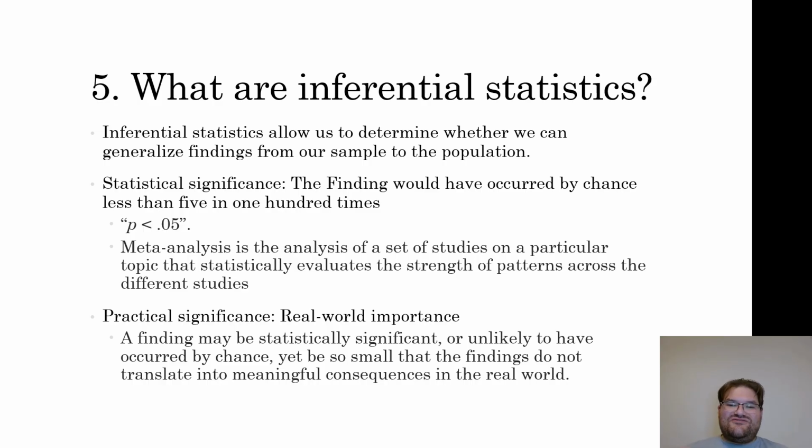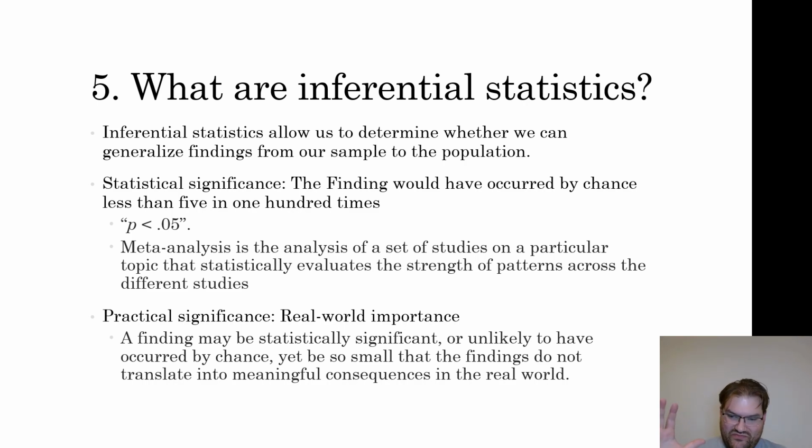What statistical significance means is that the findings that we found would have occurred by chance less than 5 in 100 times if we use an alpha of 0.05, which in general is the standard cutoff that we use.